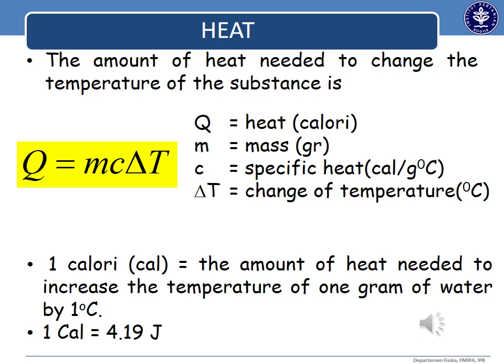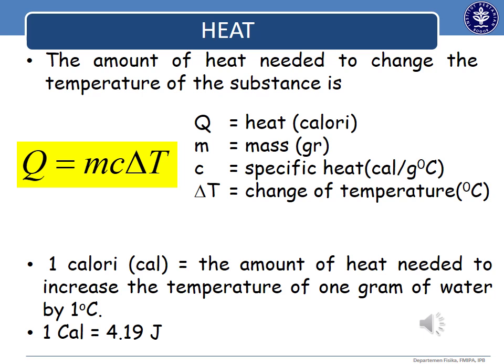The amount of heat needed to change the temperature of an object is Q equals m c delta T. Q, or heat, linearly depends on the mass of the object, c, the specific heat of this object, and delta T, the change of temperature experienced by that object.